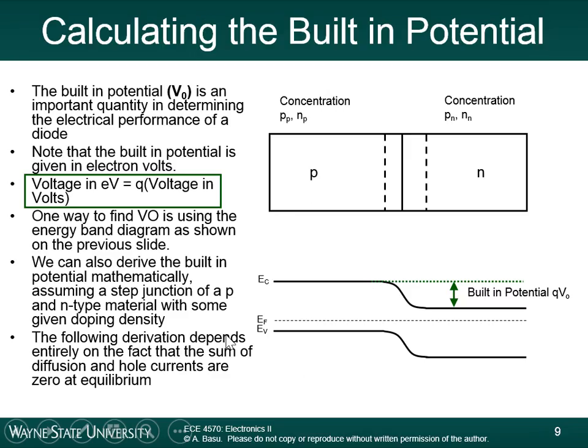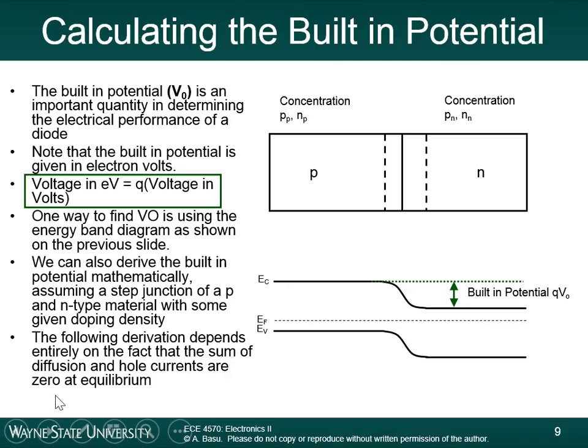And what you can do now is, just by drawing the energy band diagram, if you know the doping on the P side and the doping on the N side, you can draw the energy band diagram for the diode, and from there you can directly calculate the built-in potential. Because remember that when you draw the band diagram, the amount of bending between EC here and EC on this side is the built-in potential. This is equal to Q times V0, where V0 is the built-in potential.